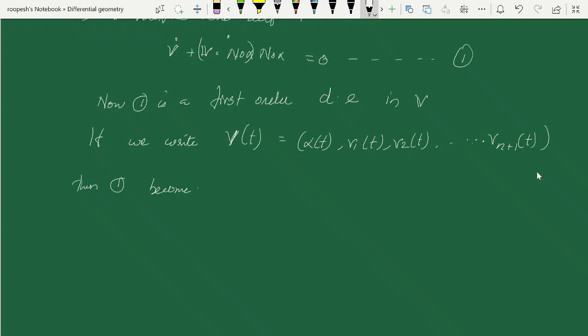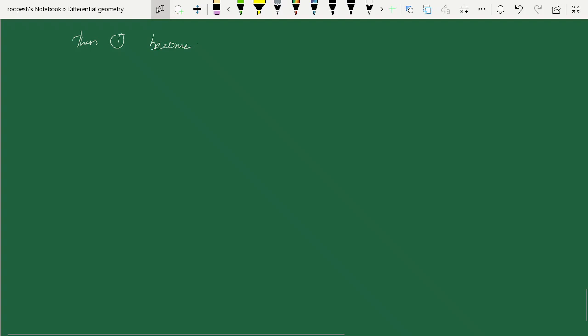As per this, we will get n plus 1 equations, right? So equation 1 becomes 0 equal to: first term, alpha of t comma dv1/dt, dv2/dt, etc., last term dv_(n+1)/dt. That's the first term, right?